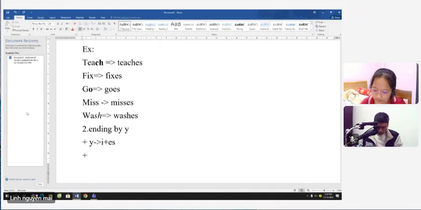And the next one, if the verb ends in y and before the y there is a vowel, we keep the y and then put s. Okay?